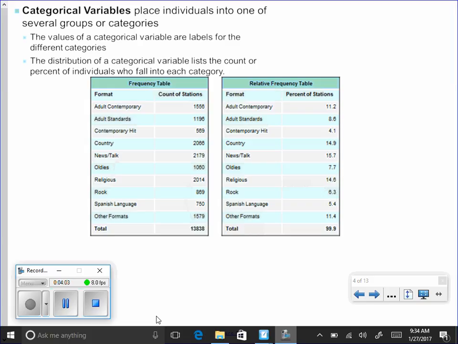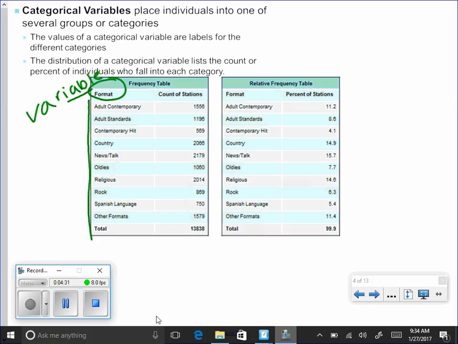Here's an example of radio stations. The format, that's the variable. The different types of format are listed right here, from adult contemporary, adult standards, all the way down to other formats.